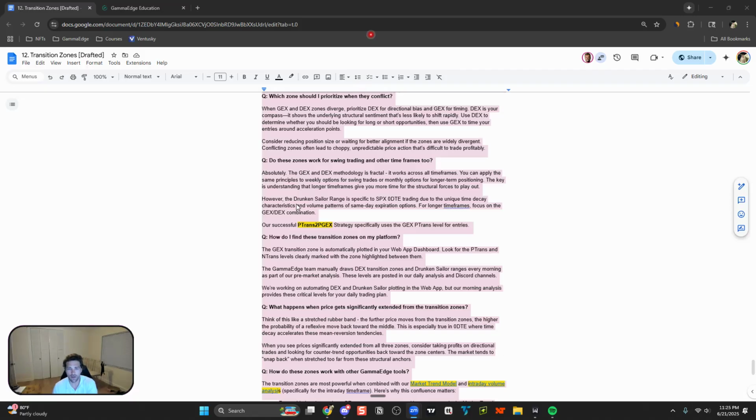And one thing to clarify is the Drunken Sailor range is specific to SPX 0DT due to the unique time decay characteristics and volume patterns of same-day 0DT options. For longer term time frames, focus on the GEX and DEX combination.